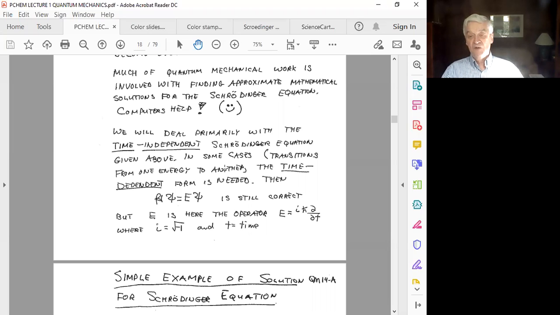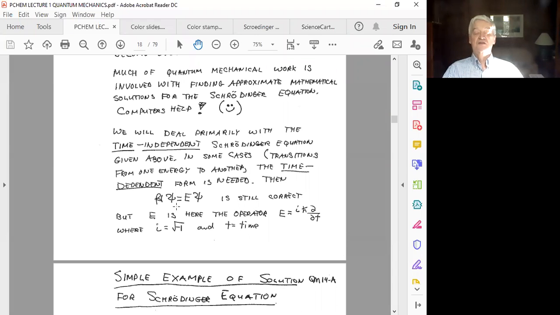Basically, when you do the time-dependent form, then H psi is still equal to E psi. The difference is that you now write the energy differently. It becomes i h bar times the derivative of the wave function with respect to time. So we're allowing the wave function not only to depend on x, y, and z, but also on time. And notice here, i is the square root of -1, the imaginary i.